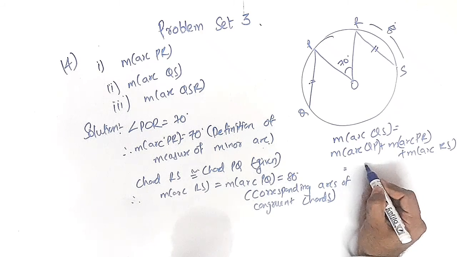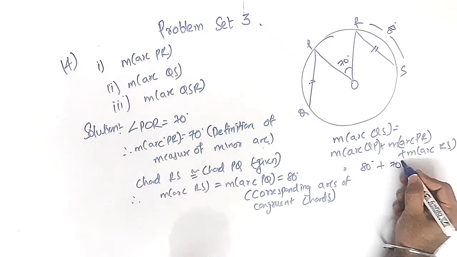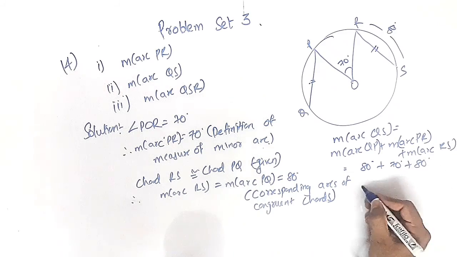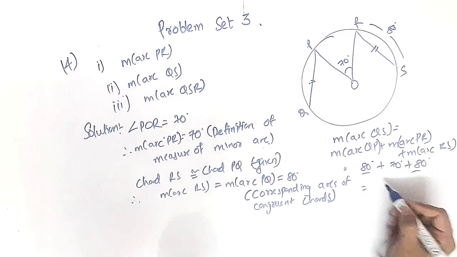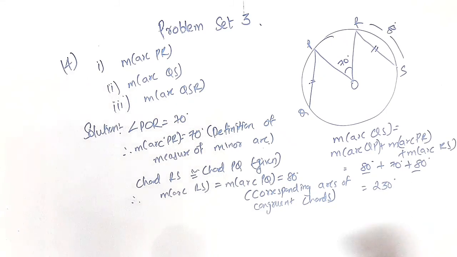QP is 80 degrees, plus PR we wrote is 70 degrees, plus again 80 degrees. How much is it? 80 plus 80 is 160. 160 plus 70, 16 plus 7 is 23, so it is 230 degrees. That is measure arc QS.